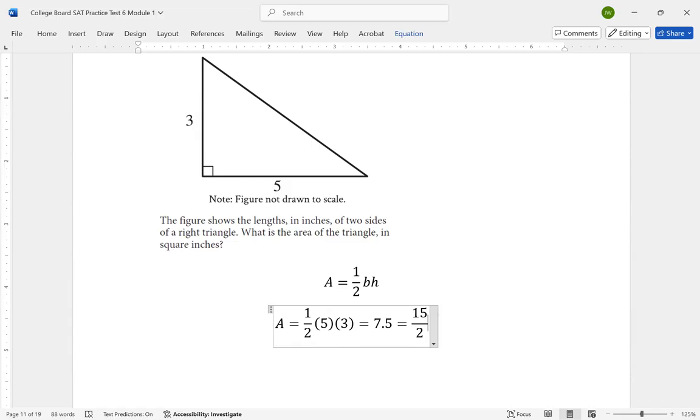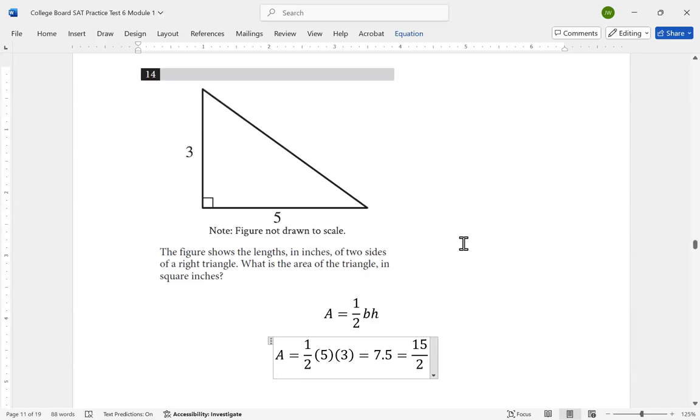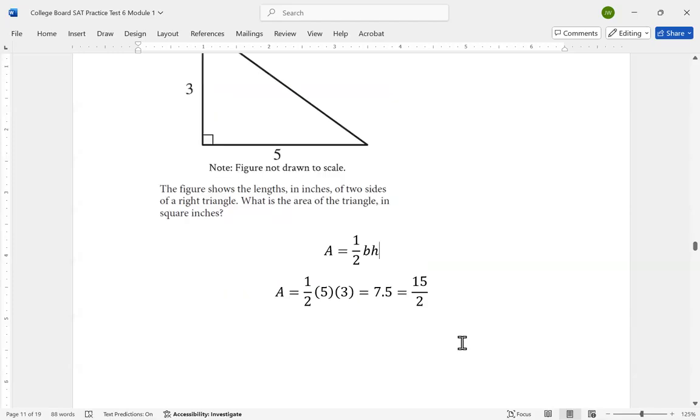Either way, that's fine. Again, from the same reasoning as question 13, decimals under 5 and fractions under 5 are perfectly fine.